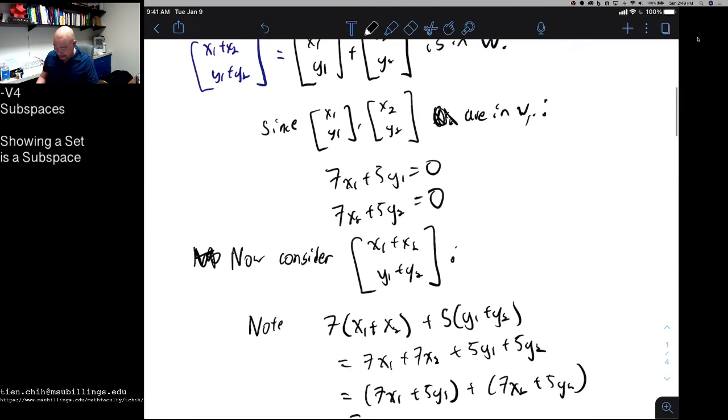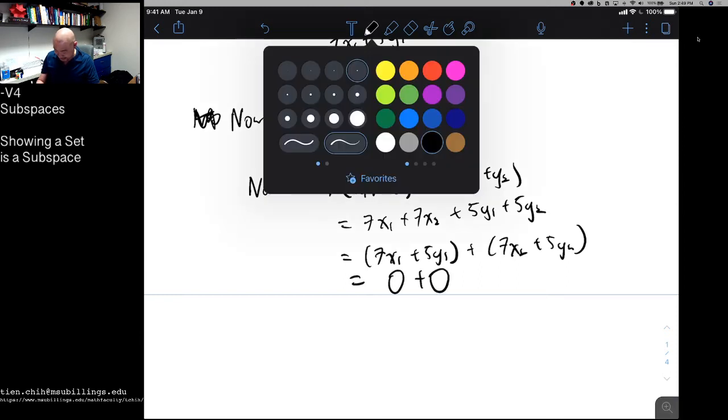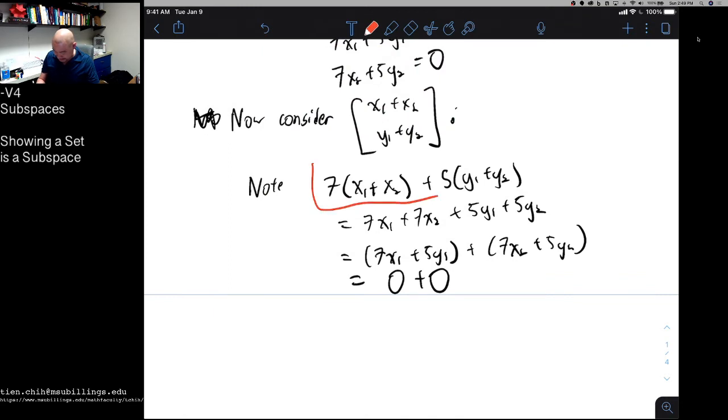And because I've already established these facts here, what I can finally conclude is that this is equal to 0 plus 0. So what I have now done is shown that 7 of the x entry plus 5 of the y entry is equal to 0.